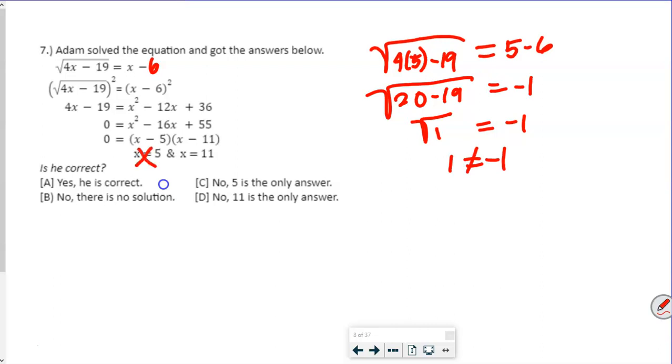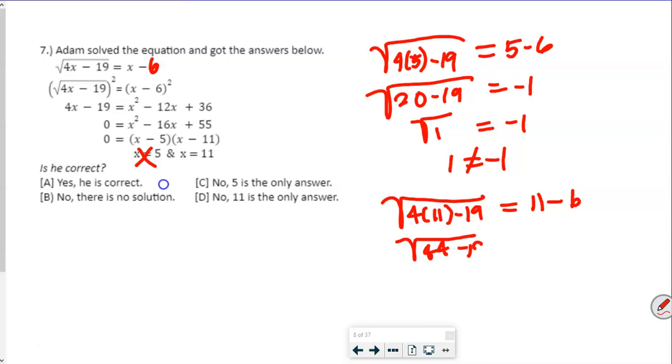So let's check the other one as well. So now we're going to check the 11. So now we're going to do 4 times 11 minus 19. And does that equal 11 minus 6? So this is going to be 44 minus 19. That's going to be equal to 25. So this is the square root of 25.